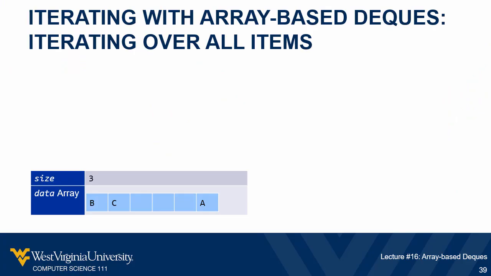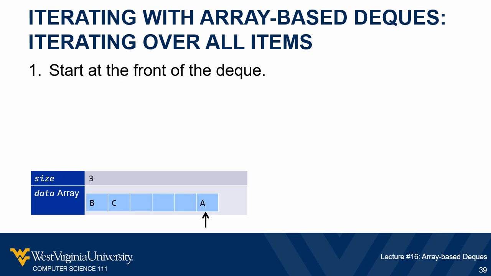And we want to take a look at how we can iterate over the items that are stored in our deck. So for this, we're going to loop, but we're going to start at the front of the deck. So we want to work through the deck in order relative to the front of the deck, not necessarily the order that things are actually stored in the array.